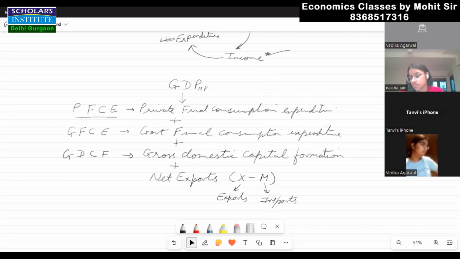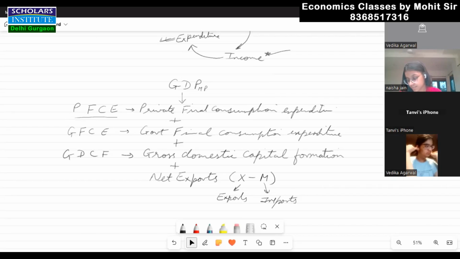All the goods and services that we buy. There are various services like schooling, hospital, restaurants, hotels, air tickets, train tickets, bus travel. So it is the sum total of all the expenditure done by the households in the country.